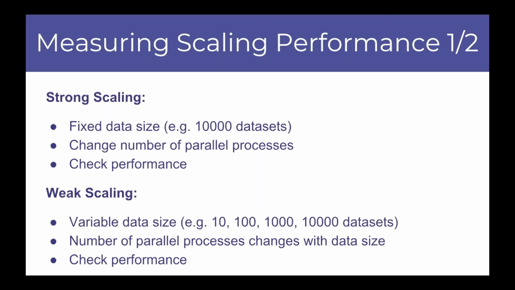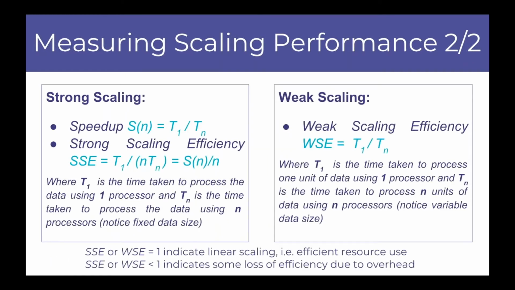So when we say check the performance, we mean we extract useful metrics, and that's what we see in front of us on this slide, that we can evaluate strong scaling using what is known as speedup. So speedup, as you can see, is T1 divided by Tn. T1 is the time taken to process the data. So remember, the data now is fixed, the data size is fixed.